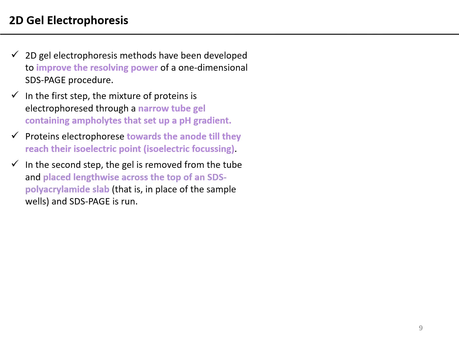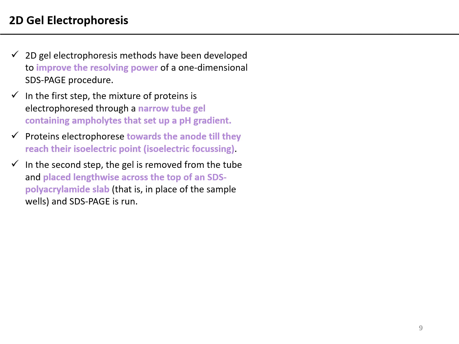In the second step, you take this gel from the tube. For instance, if you have this vertical tube in which the gel is present, you take out the gel and place it horizontally on top of an SDS-PAGE. So now these proteins, which have already been resolved on the basis of the isoelectric point, will be separated on the basis of their molecular weight.